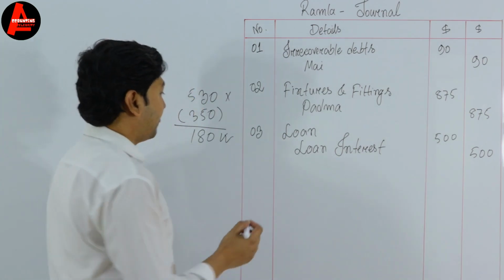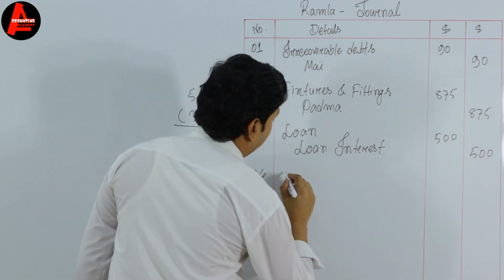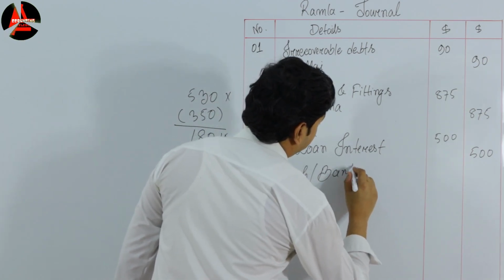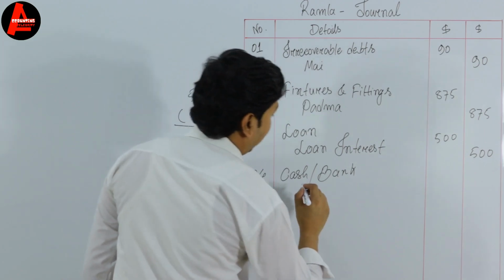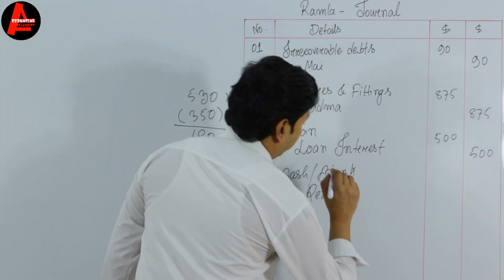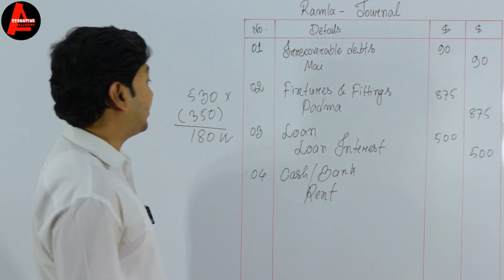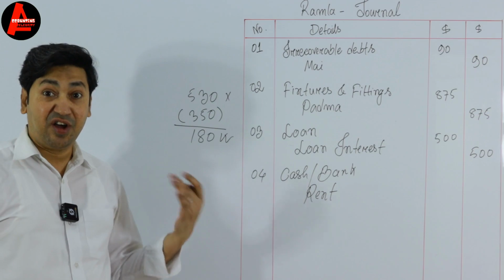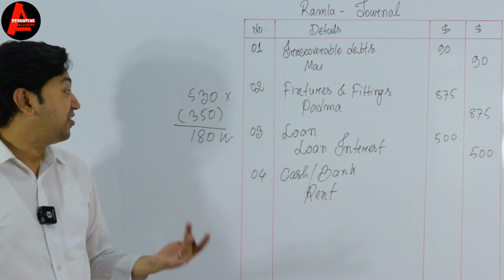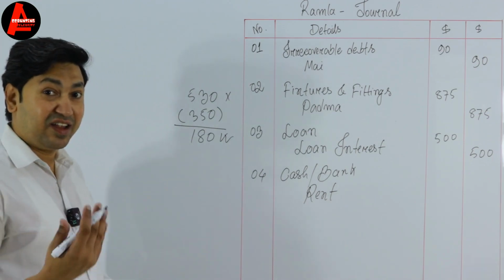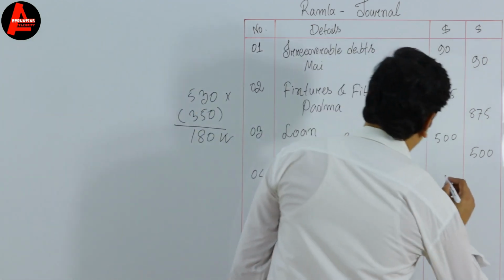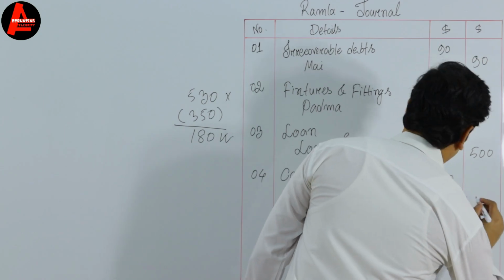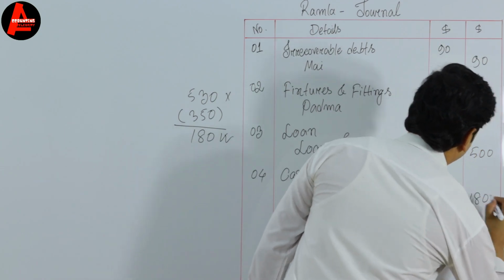So we can write here number 4, cash or bank, just prefer one of them, debited and rent account to be credited. Which amount will we write now? 530, 350 or 180? Well, if you say it is 180, you are absolutely correct. So we will write here this amount $180.